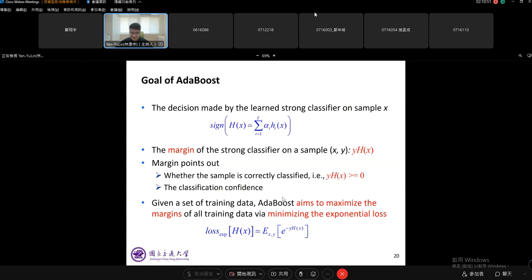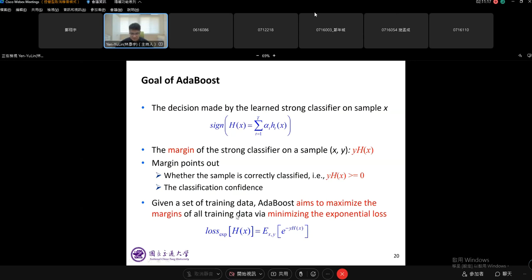Instead, AdaBoost aims to maximize the margin of all the training data while minimizing the so-called exponential loss. So there are two terms in this description: margin and exponential loss. Let's look at the definition of exponential loss.